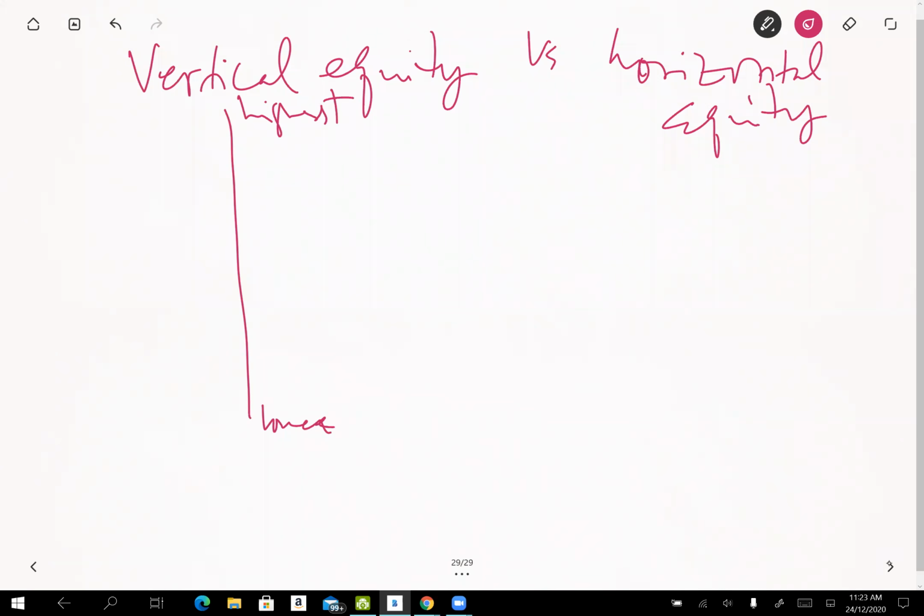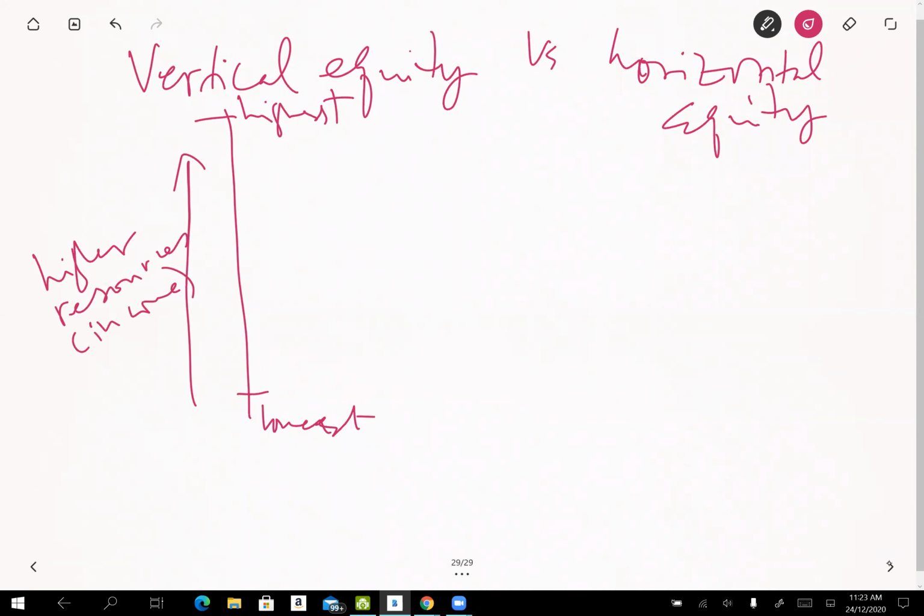So in terms of vertical equity, the higher your income, the higher your resources, or one measure of it is income. What does it imply? It implies you have to pay higher taxes, more taxes. It applies here as well.